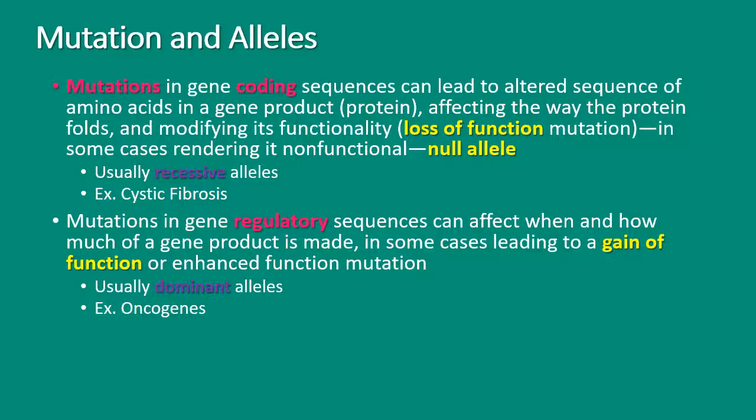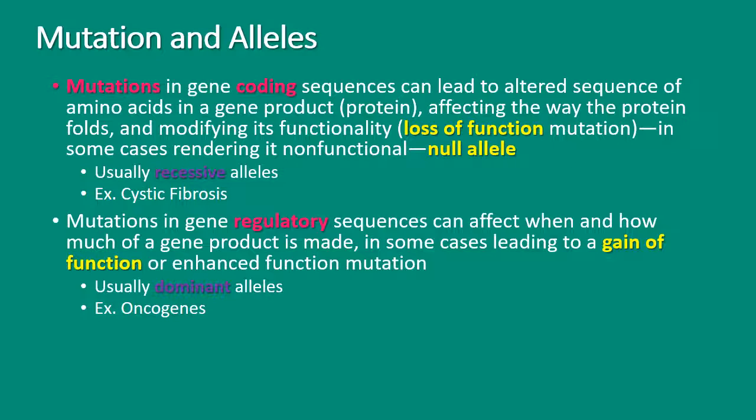You can also have a mutation in the regulatory sequences of a gene, which is usually right before the coding sequence. This is where the enzyme that's going to carry out transcription binds to the DNA. If it doesn't bind and doesn't transcribe the gene, or if it binds too readily and creates too many transcripts, this can lead to something called a gain of function or enhanced function mutation, or sometimes maybe a different function.